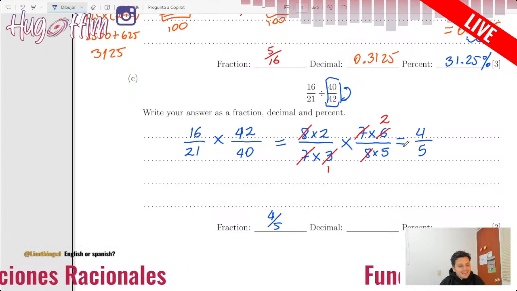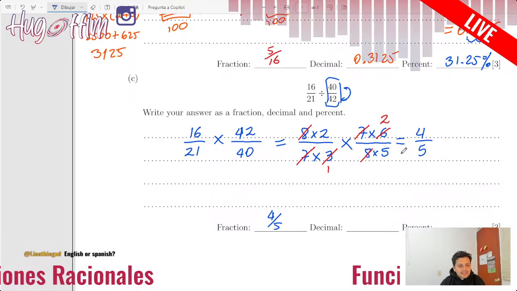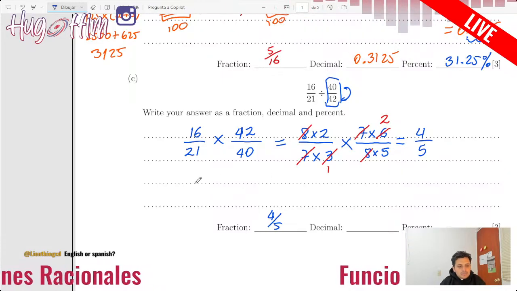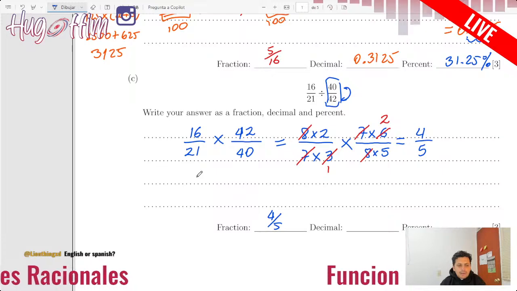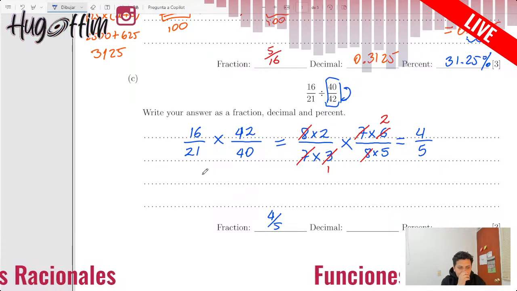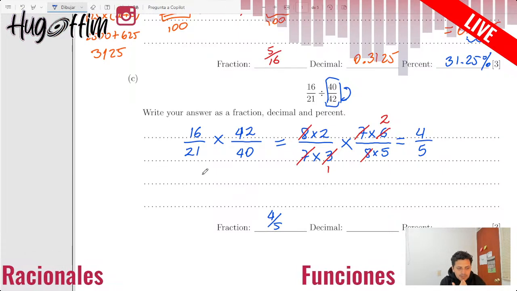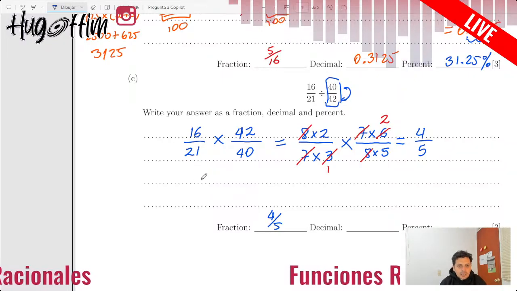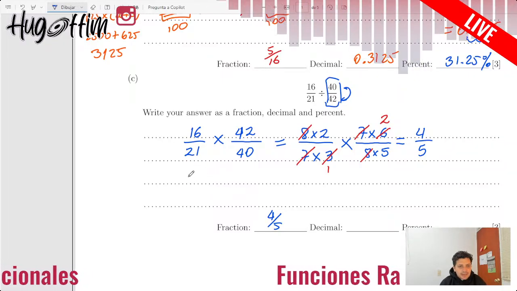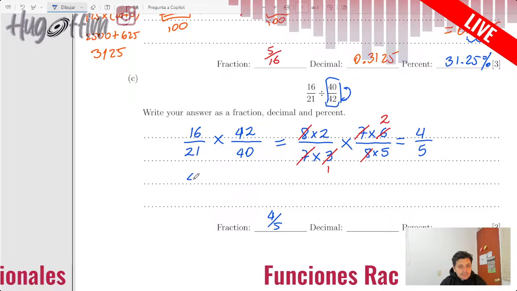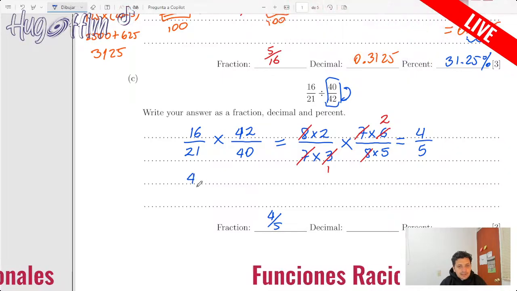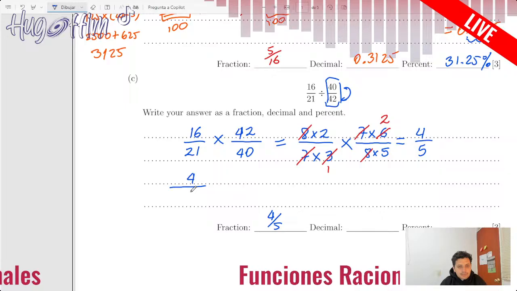Now I want to get the decimal. So if I want to get the decimal, I can see that someone is telling what if we did a different process. What will be the different process? Because many processes can be applied. Now, if you want to convert it as a decimal, I'm going to get the power of 10. So I have 4 over 5.